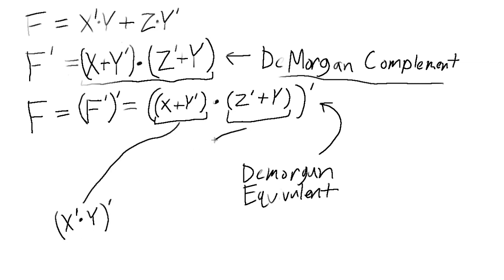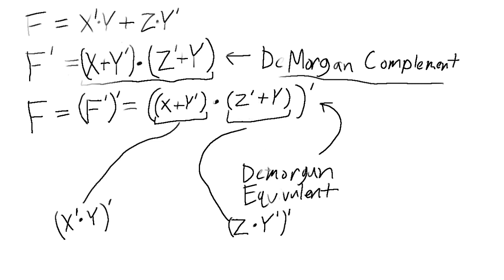Now let's find this one here. So we need z and y, and this y needs to be primed. Then around this whole thing, we need to invert it. And this is the DeMorgan equivalent of this term, and this the DeMorgan equivalent of this term.